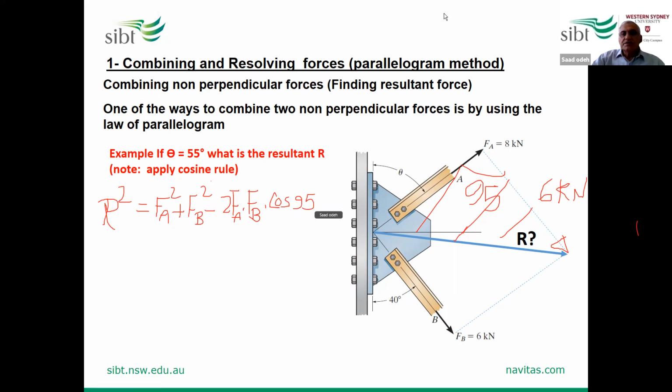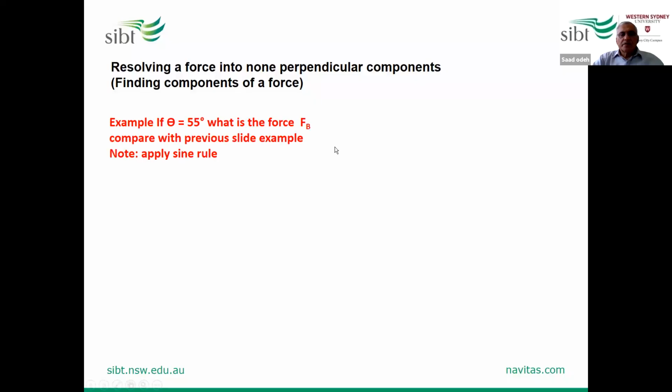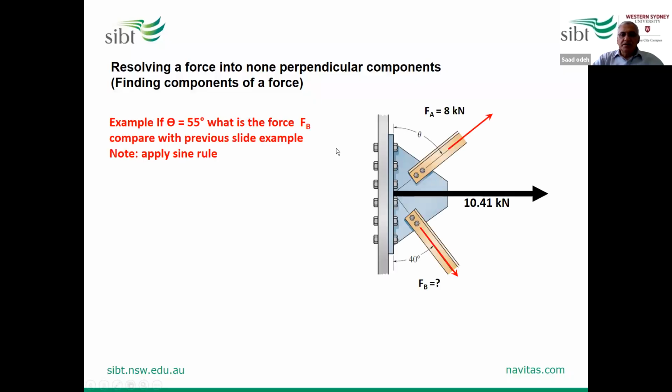So if you solve this, you will find the R value, which is 10.4 kilonewton. So this is the R value, the result of this equation. Now we can do the same thing if we don't know one of the members, one of the beam forces.